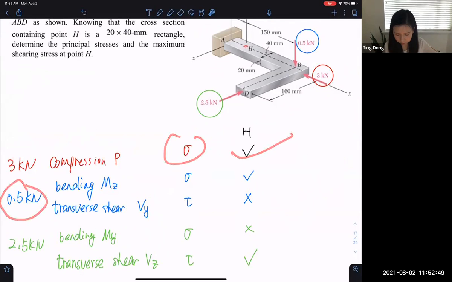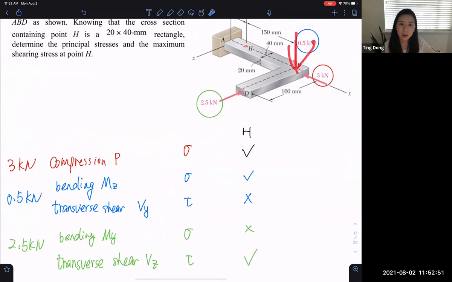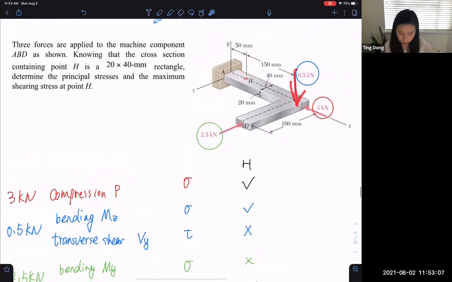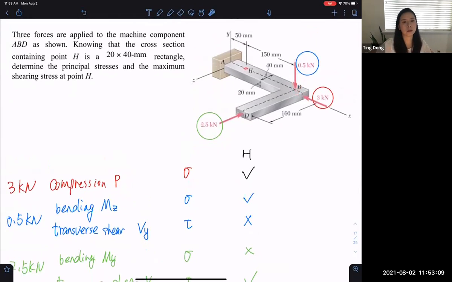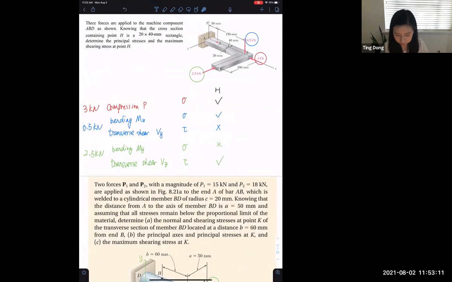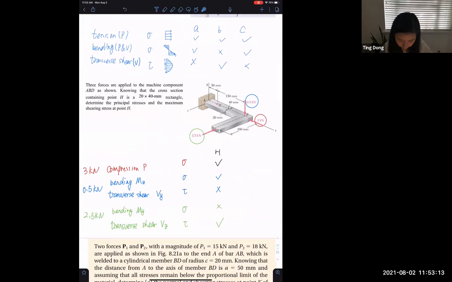For this 0.5 force, as I said, when the force is applied this way, it causes bending about the z-axis, a bending moment about the z-axis. So we have the mg, and it causes transverse shear in the y direction, Vy.